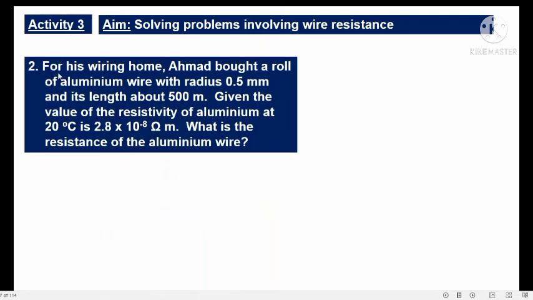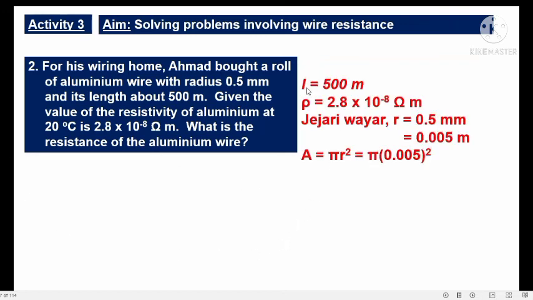Second question, for wiring his home, Ahmad bought a roll of aluminium wire, radius 0.5 millimeter, length about 500 meters. Given the resistivity of aluminium at 20 degrees Celsius is 2.8 times 10 to the power negative 8 ohm meter, what is the resistance of the aluminium wire? So you just list out all the information. For L, 500 meters, the resistivity, and then the radius of the wire, r equals 0.5 millimeter, which you convert to meters.